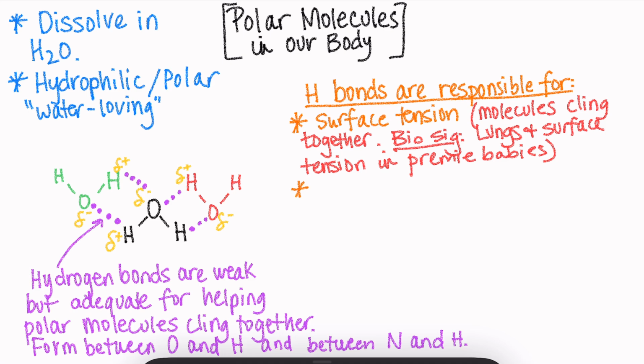Hydrogen bonds make water have a high heat capacity. Hydrogen bonds may be weak, but there are a lot of them and they have to be broken before water can evaporate or change temperature.